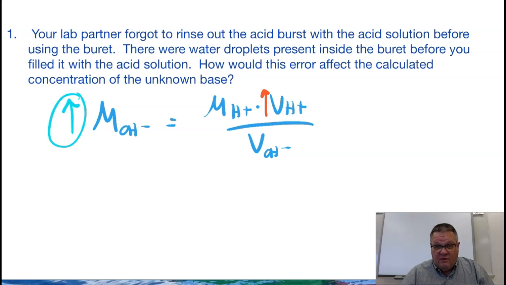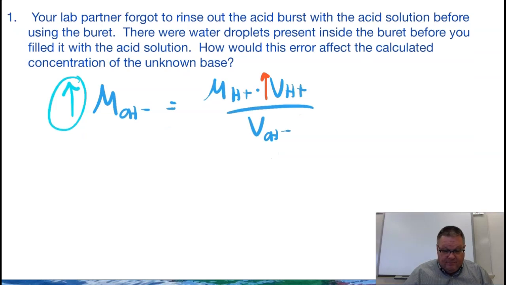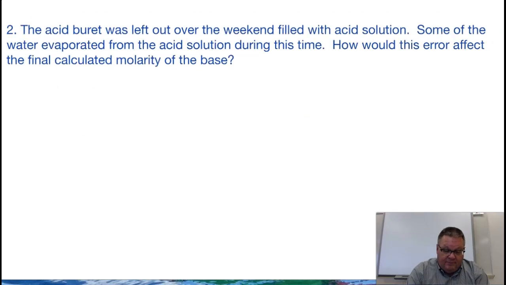So the measurement that was changed is your VH plus, your volume of acid added. And that error, which we didn't catch, increased your calculated MOH minus. Let's try another one.